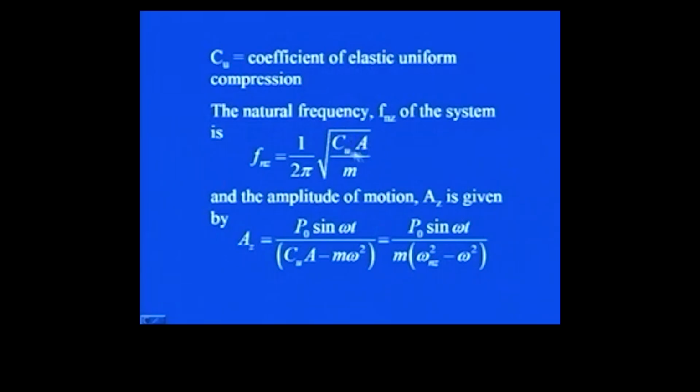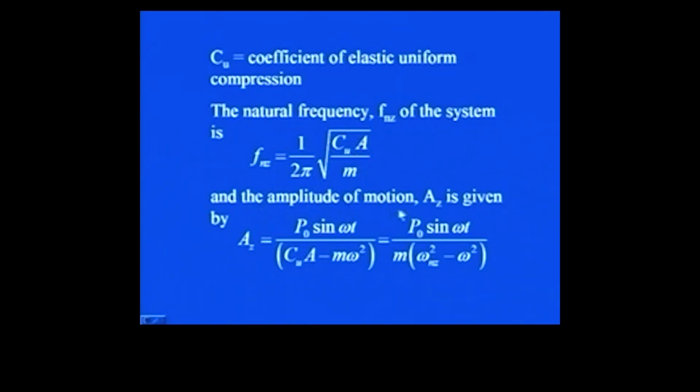We saw earlier that it was 1 by 2 pi square root of k by m, and here k is equal to kz, which is equal to Cu into A. So, I am simply replacing that expression, and the natural frequency in that case will become 1 by 2 pi square root of Cu A by m.